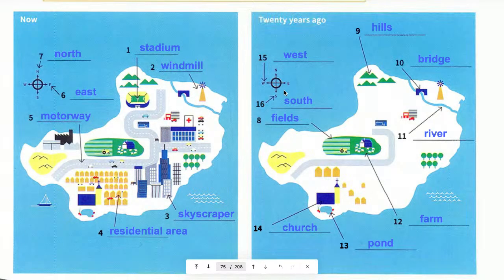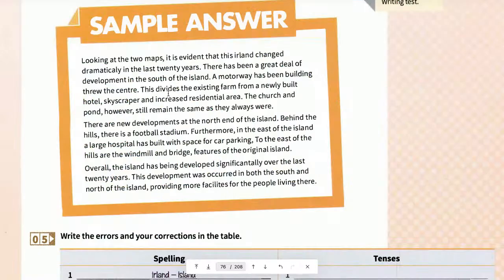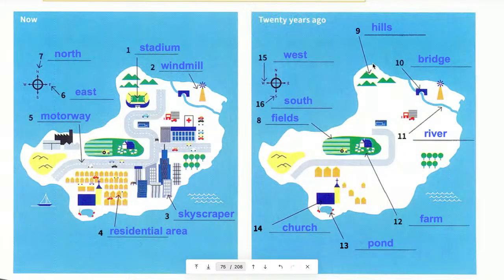Even though you just read this essay and you think, oh, it's very short, there's nothing there for me to learn, actually this is a very good one because it describes carefully and makes comparisons while writing like that. You understand?